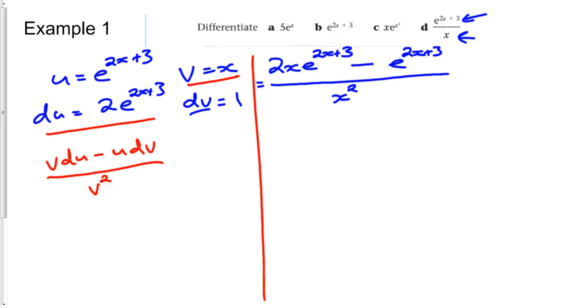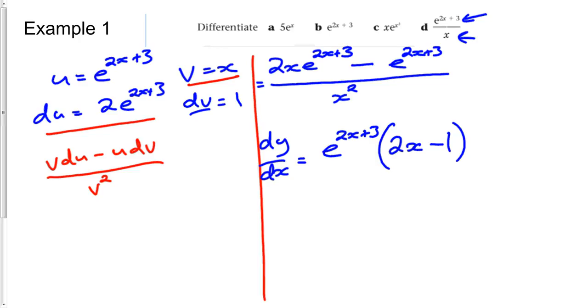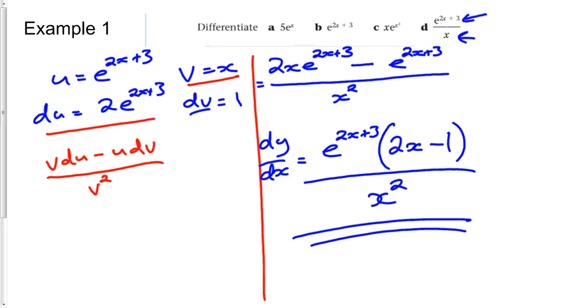And so now we've got to tidy that up. So we factorise out the e to the 2x plus 3. So our final answer, dy by dx. So once we've differentiated it, we get e to the 2x plus 3 bracket 2x minus 1 all over x squared. Then what we do is we double check to see whether or not we can simplify the denominator with the top. So we've got x squared down the bottom, but we haven't got any x on the top. So that's how we leave it.